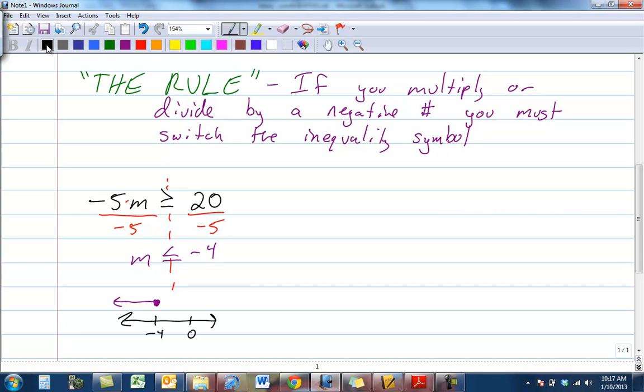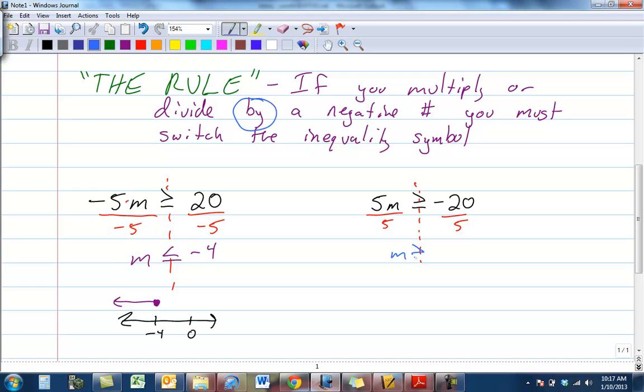Now don't get confused between this and something like this. 5m is greater than or equal to negative 20. This is a different problem. Check this out. What would we do to get m by itself here? We would divide by 5 on both sides. But we would be left with m is, now what does this say? This says negative 20 divided by 5. Remember, if you multiply or divide by a negative number. This is negative 20, but that doesn't mean anything. It's what we divide by.